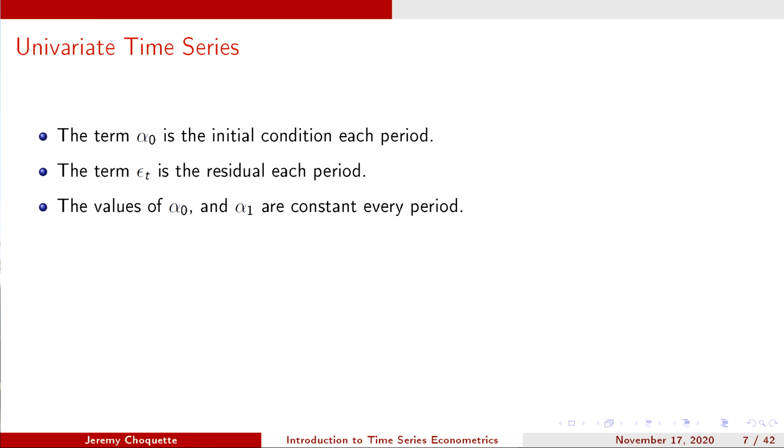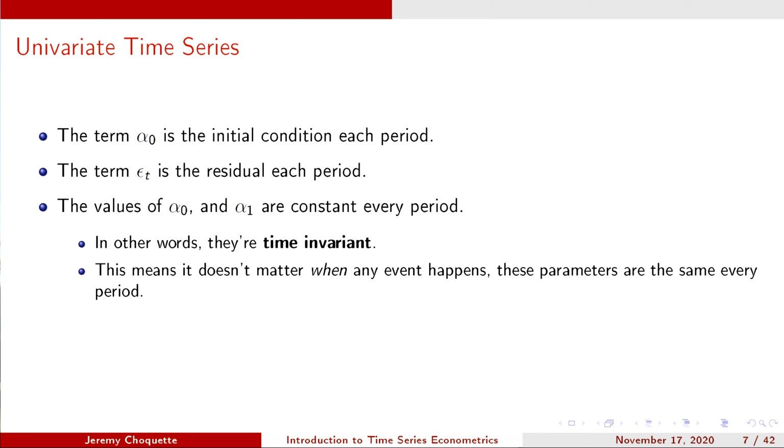Now, the values of alpha naught and alpha 1 are constant every period. In other words, they're time invariant. If something is time invariant, it doesn't matter what point in time we're at in this particular time series, because that coefficient, that value, that parameter is going to be constant. It's going to be the same every single period.